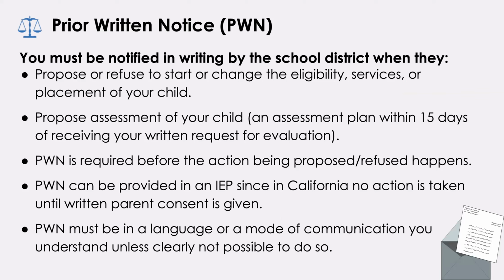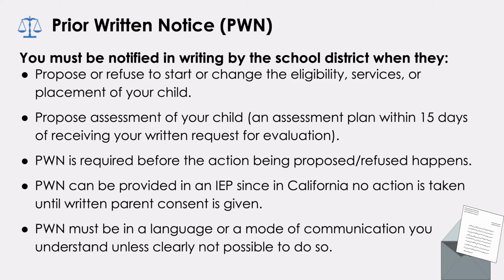Prior written notice, or PWN. You must be notified in writing by the school district when they propose or refuse to start or change the eligibility, services, or placement of your child. When proposing assessments of your child, an assessment plan will be provided within 15 days of receiving your written request for evaluation.